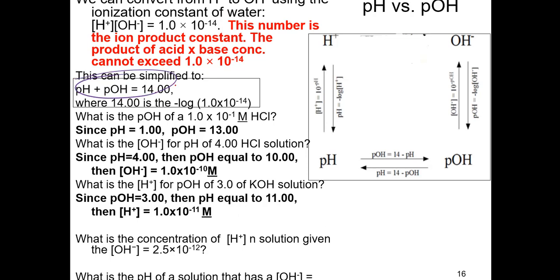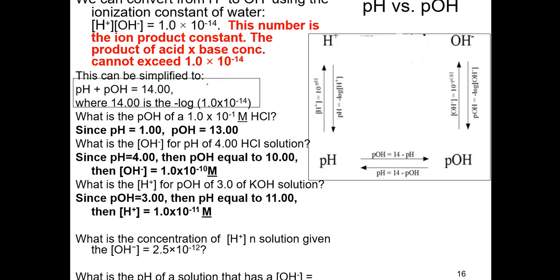I need you to go ahead and memorize this. You still need to memorize that this number right here in its molarity form is the ion product constant. But you're going to use this in order to perform the math calculations to interchange between pH and pOH. So this is pretty straightforward.